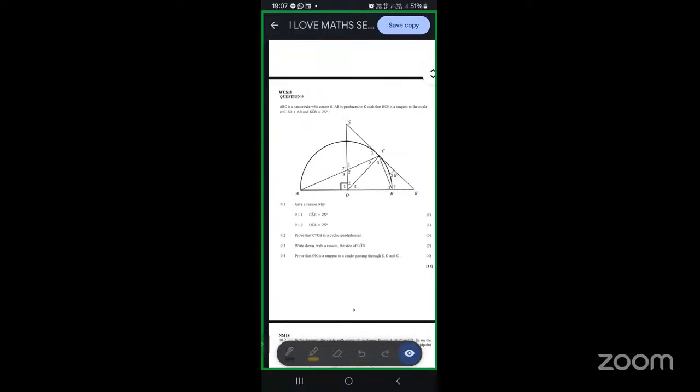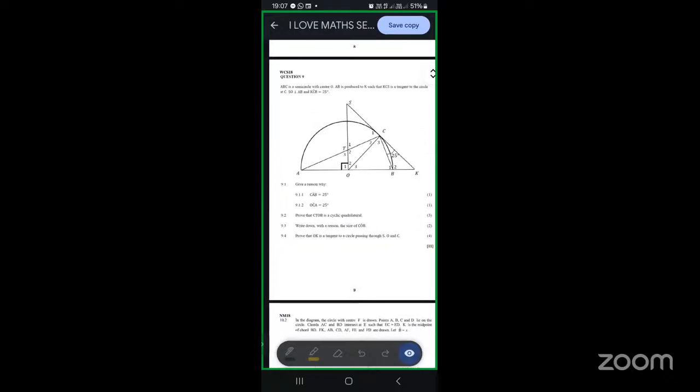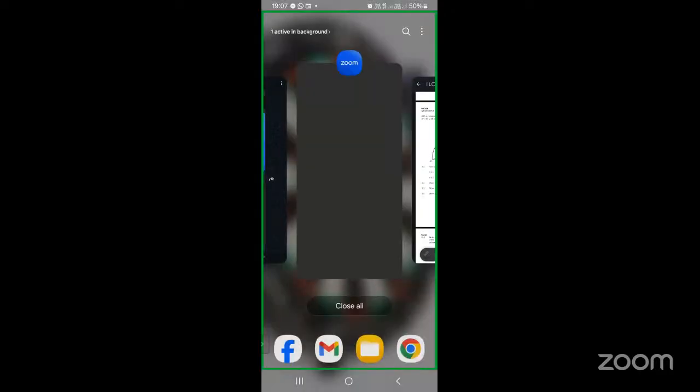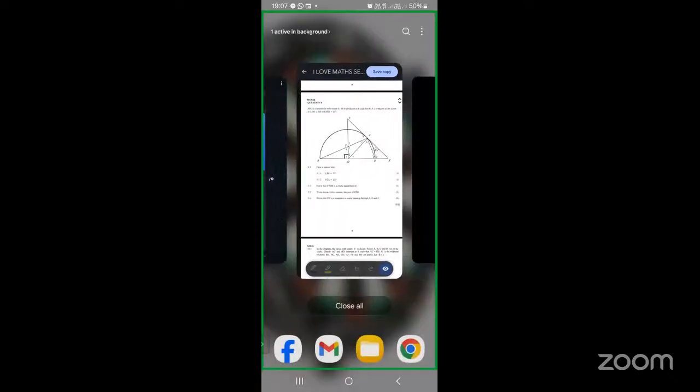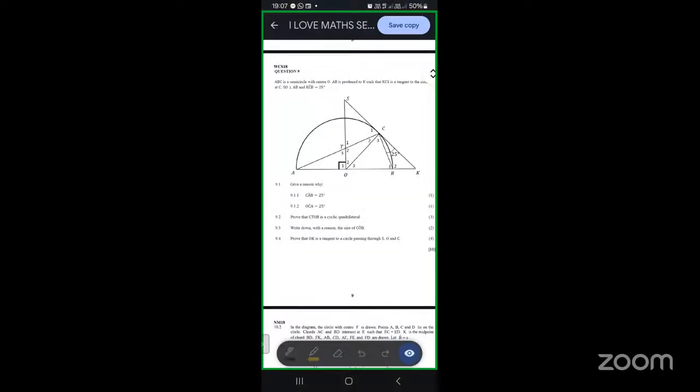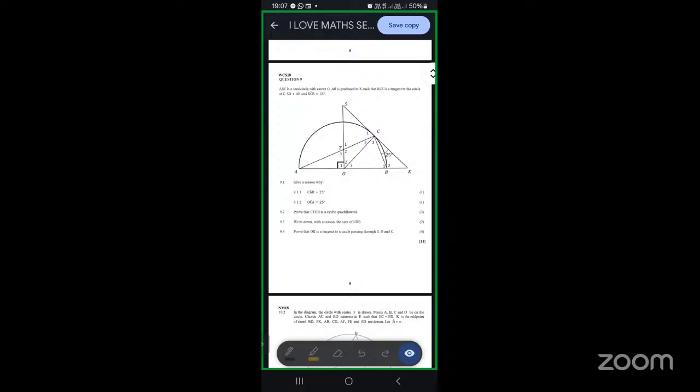I think only two people joined today's lesson. Is my zoom okay, or should I zoom in or out? It's okay, sir. Thank you guys for the feedback.